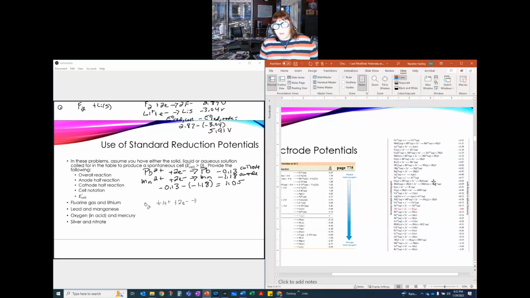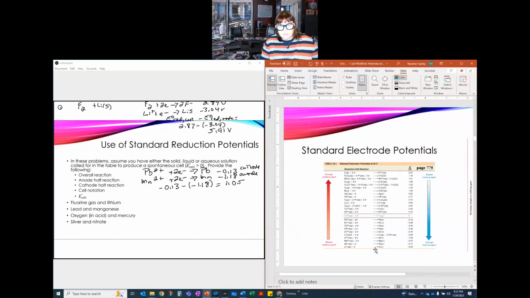Sorry. First I picked the peroxide one, which is not right. Ah, there we go. O2 gas plus 4H+ plus 4e minus goes to 2H2O liquid. And that value is 1.23.